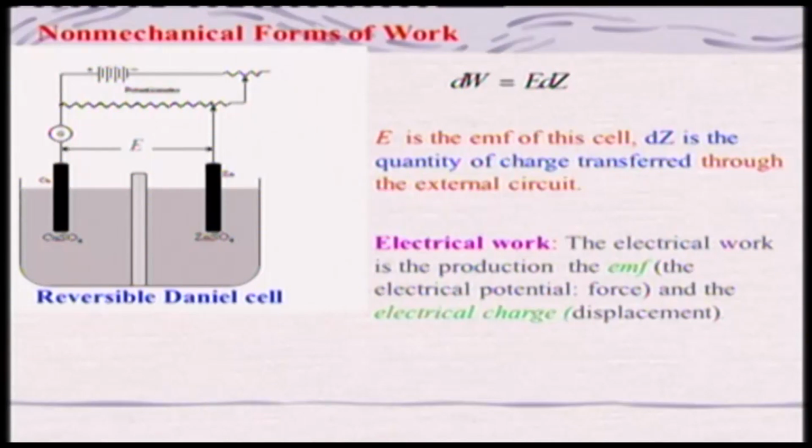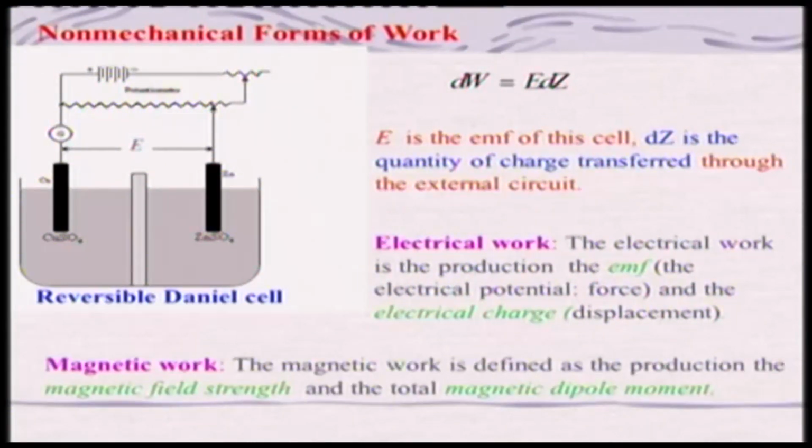And there will be electrical work. Electrical work is basically produced due to the EMF, that is the electric potential, or a force, and there will be a displacement. One can think of electrical charge moving, and then we can find some kind of work. Similarly, magnetic work is basically defined as the product of magnetic field strength and the total magnetic dipole moment.